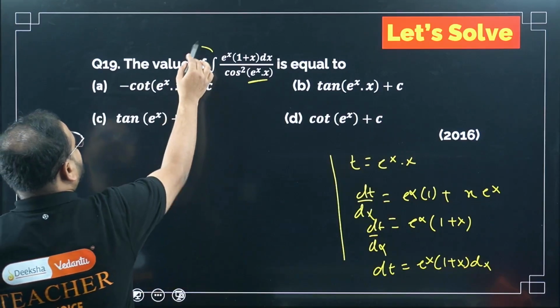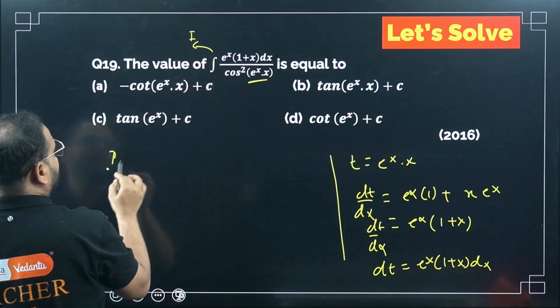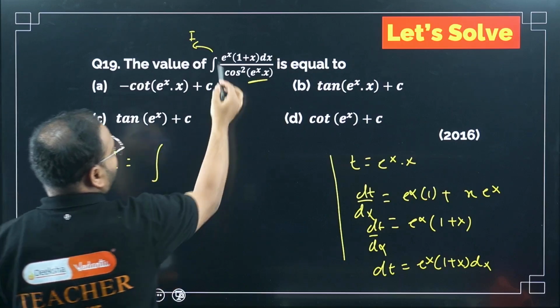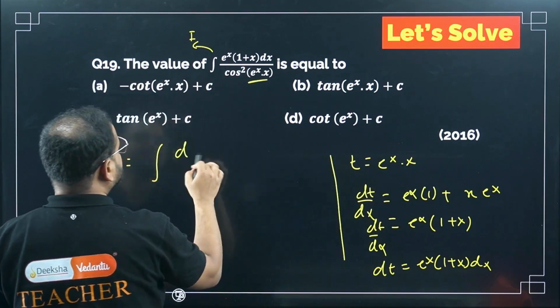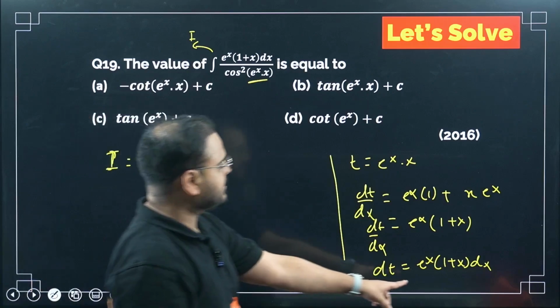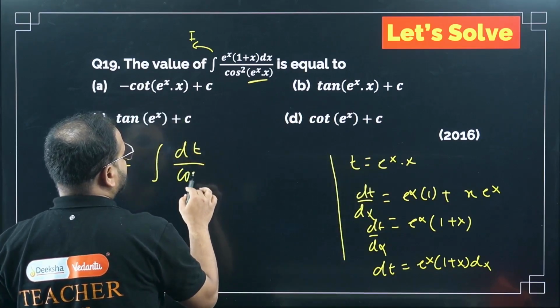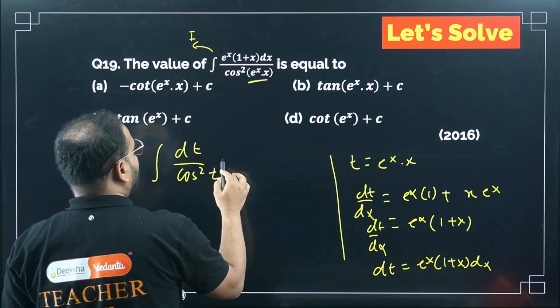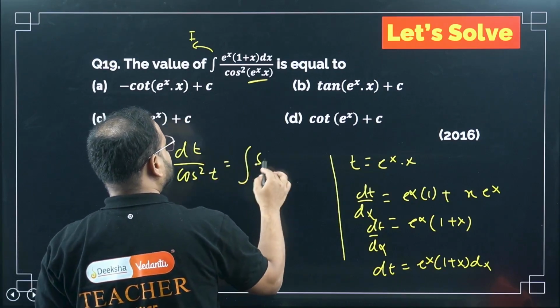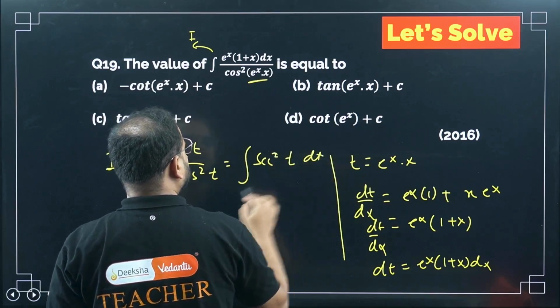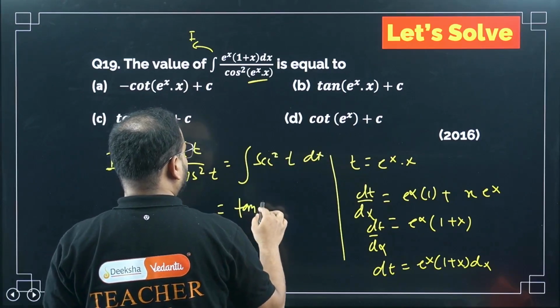So my integration I will become what? e power x (1 plus x) dx will become dt, divided by what, bacha? cos square of t. How much is that? Integration of sec square t dt. How much is that? Simply tan t.